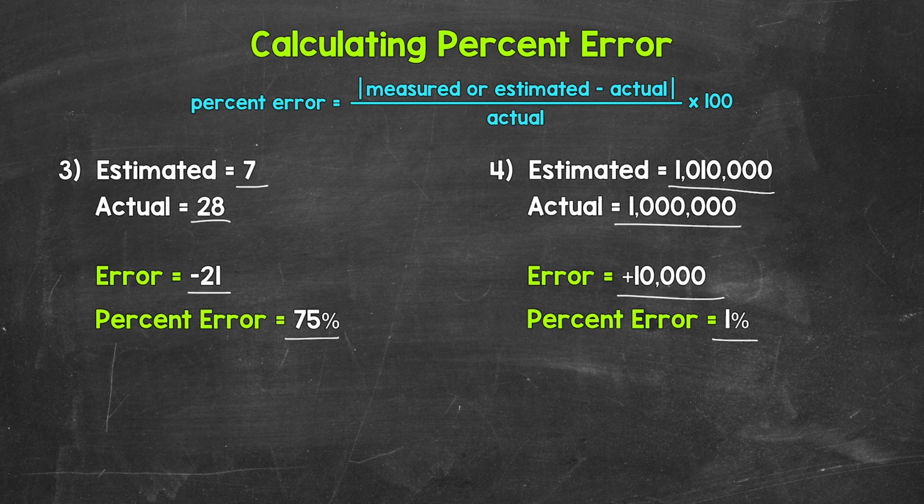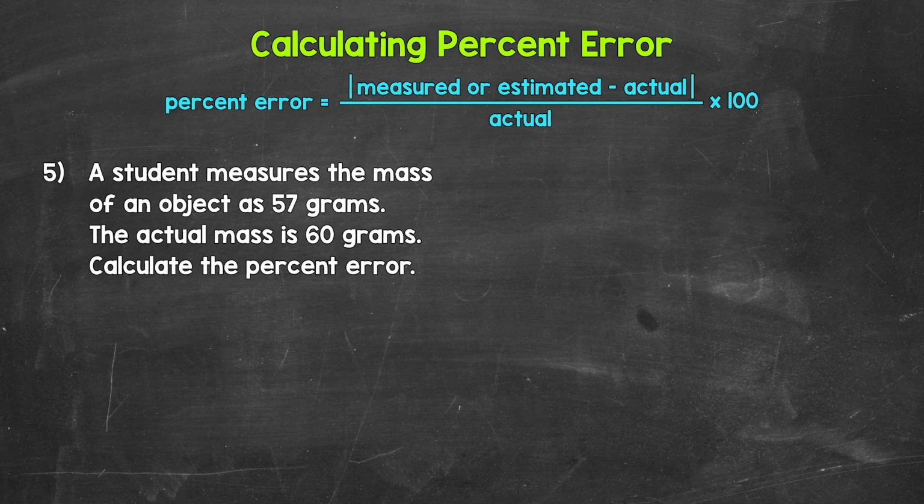Let's move on to numbers 5, 6, and 7, where we will calculate the percent error from a given situation. Taking a look at number 5, we have a student measures the mass of an object as 57 grams. The actual mass is 60 grams. Calculate the percent error. So let's set this up off to the side here.